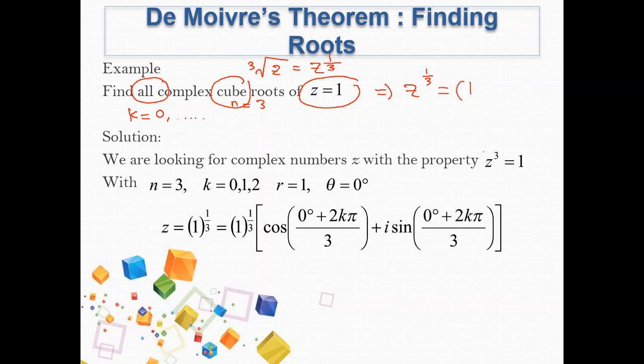So 1 to the power 1 over 3. You need to find the cube root of this. Remember this is a complex number, so it's not simply 1 to the power of 1 over 3. You need to follow the procedures. You need to find it for all k.